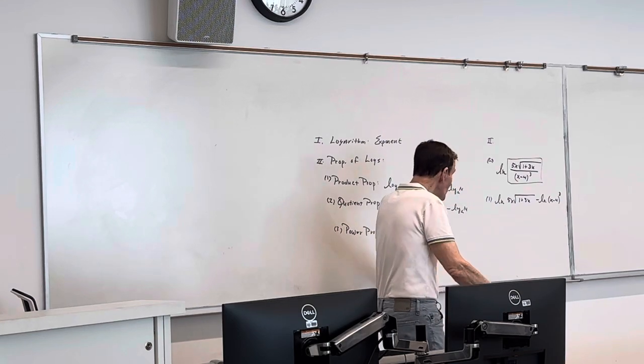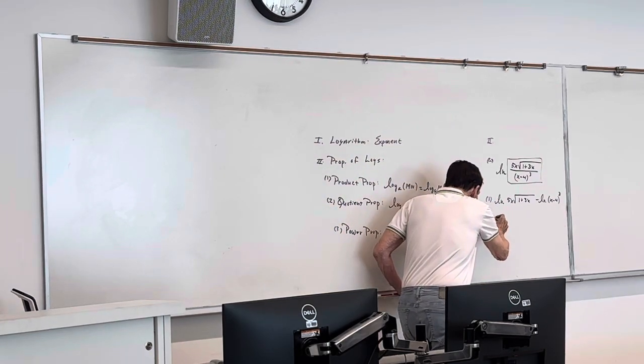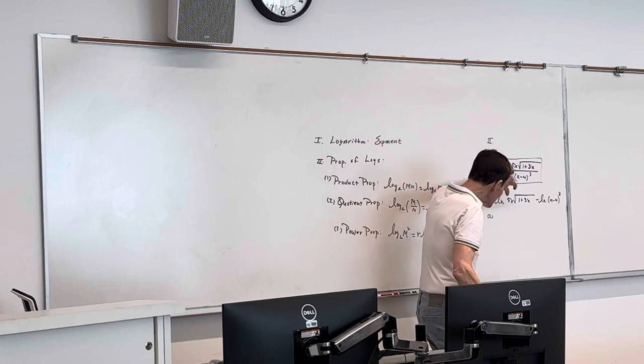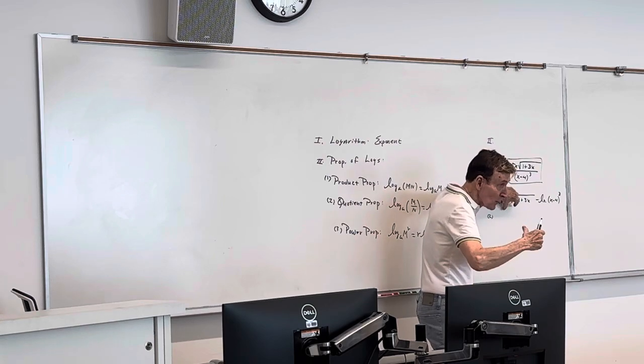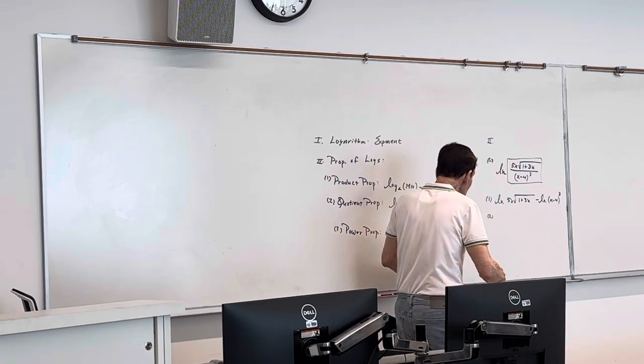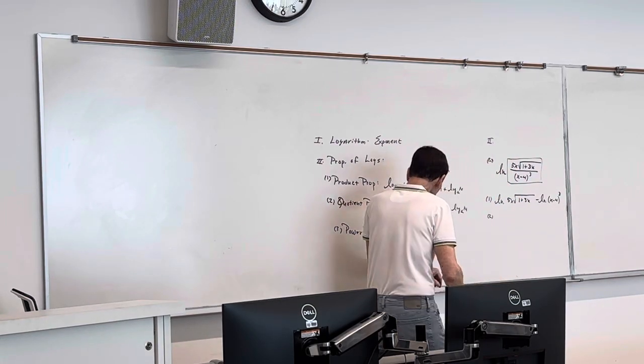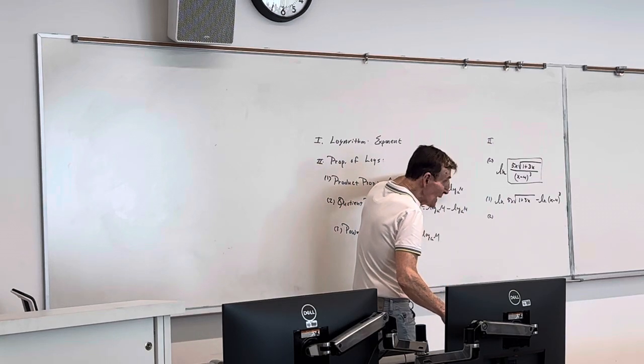Now can I go further? Step 2, I look back at step 1. This is a product inside the first term. Therefore, I could apply the product property on the first term. As the product property says, split them up, add them.